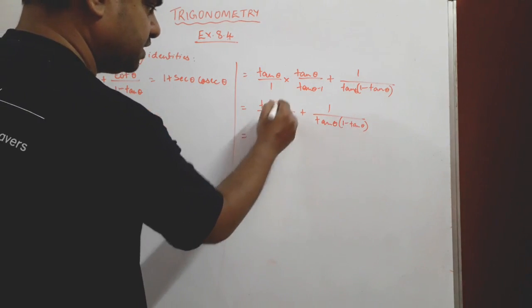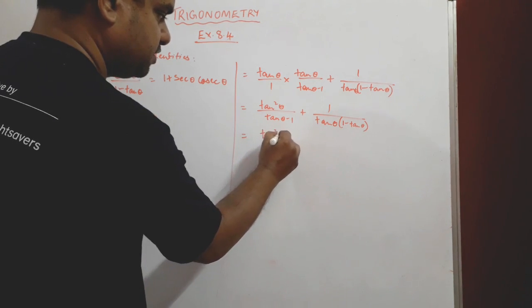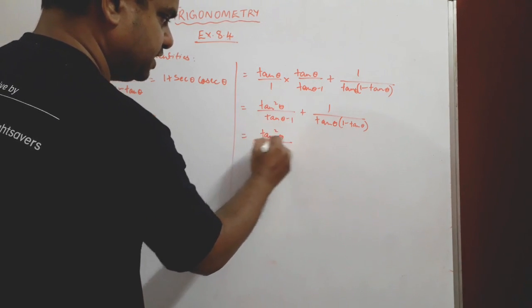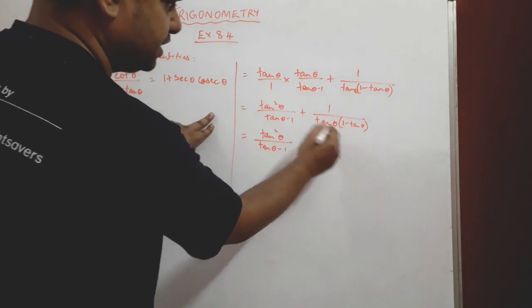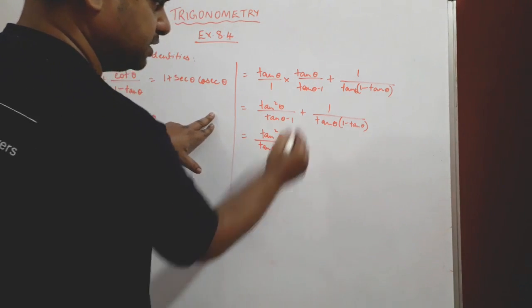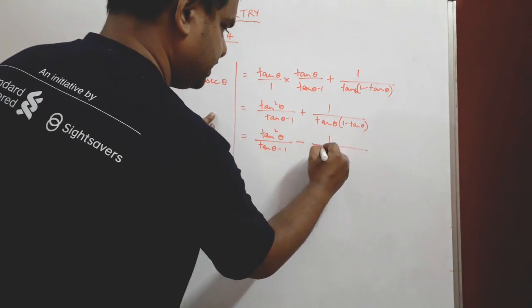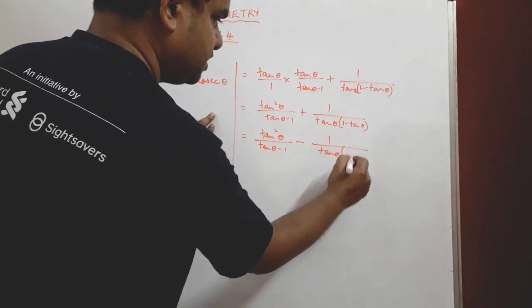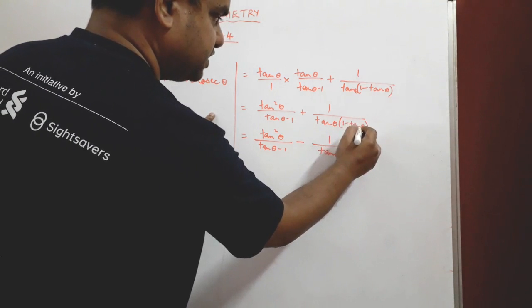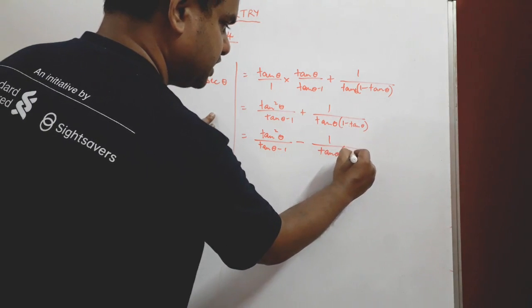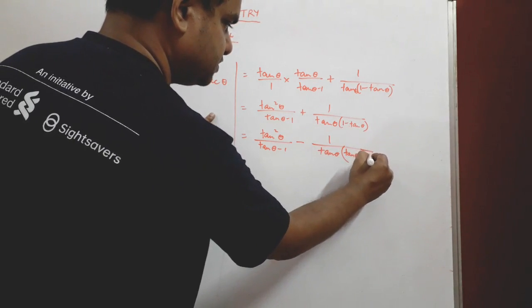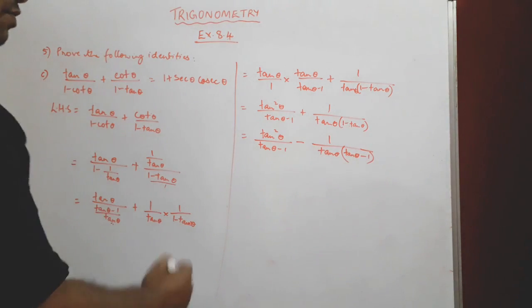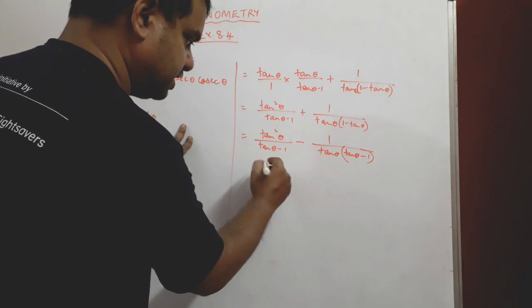Tan square theta over tan theta minus 1, I'll write the way it is, and now I'm taking the minus sign common, so this will become minus, first 1 upon tan theta will remain the way it is, and tan theta which is negative will become positive, and 1 which is positive will become negative.